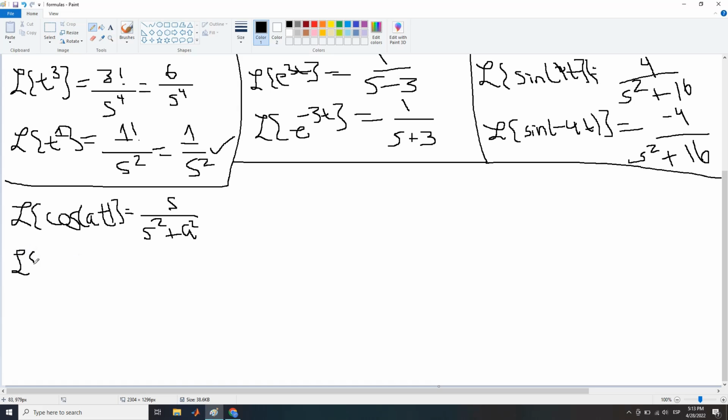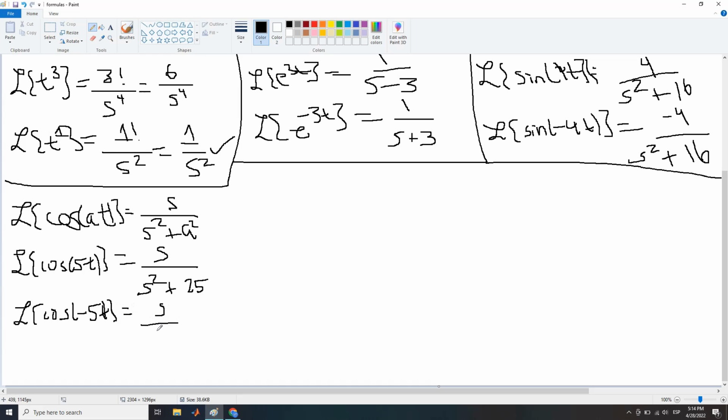The Laplace transform of cosine of 5t will be equal to s over s squared plus 5 squared, 25. The Laplace transform of cosine of minus 5t will be equal to s over s squared plus minus 5 squared in parentheses, which will be 25.